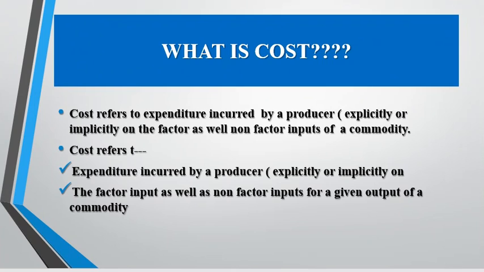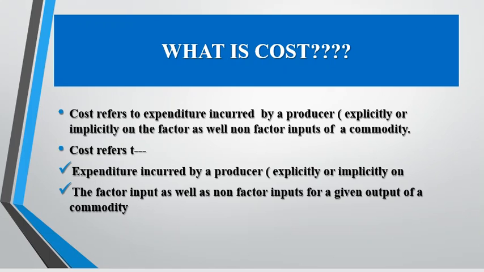So we could say cost refers to the expenditure incurred by a producer, whether it is out-of-pocket cost, the cost which is paid to the outsider, or notional cost, the factors which are supplied by the producer as their own, on the factor input as well as non-factor input for a given output of a commodity.